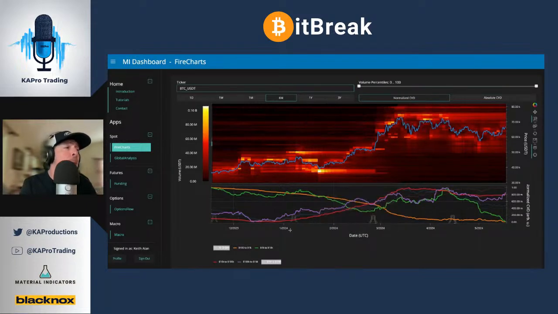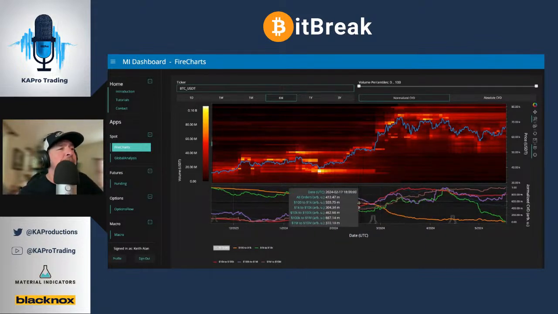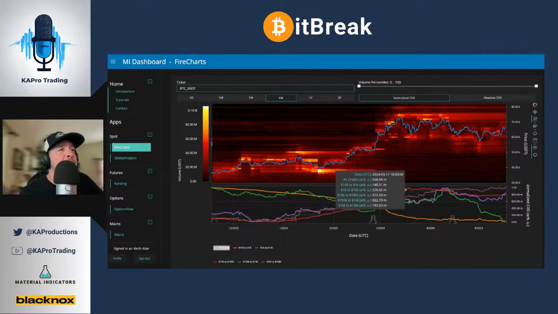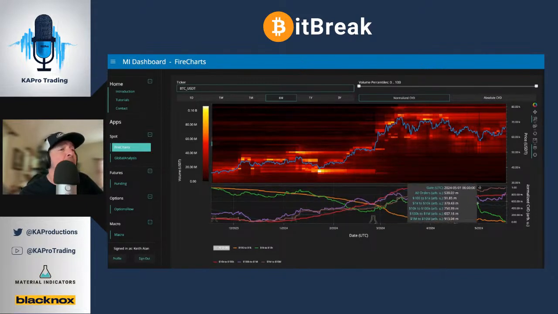Now you could say, well, what about those brown mega whales? Those are $1 million to $10 million orders, and obviously they have a tendency to have some influence. The biggest difference is the amount of volume based on the frequency that they trade, which is quite low in comparison. The brown mega whales just have not had the same impact as the purple whales have.